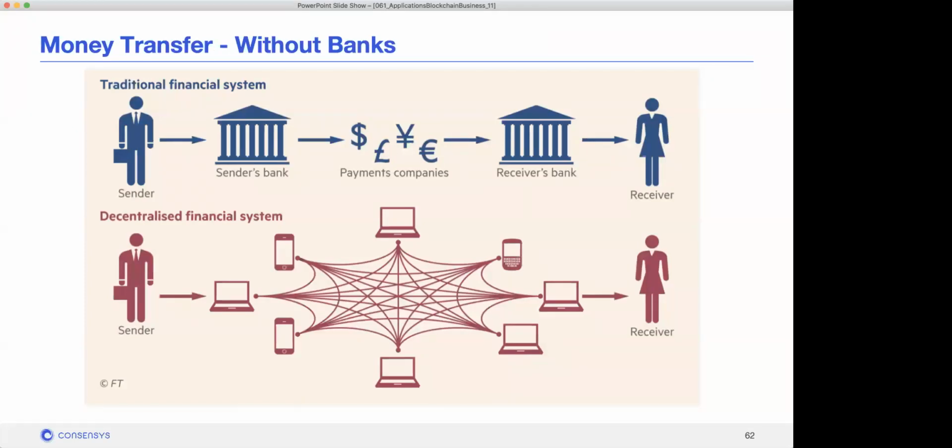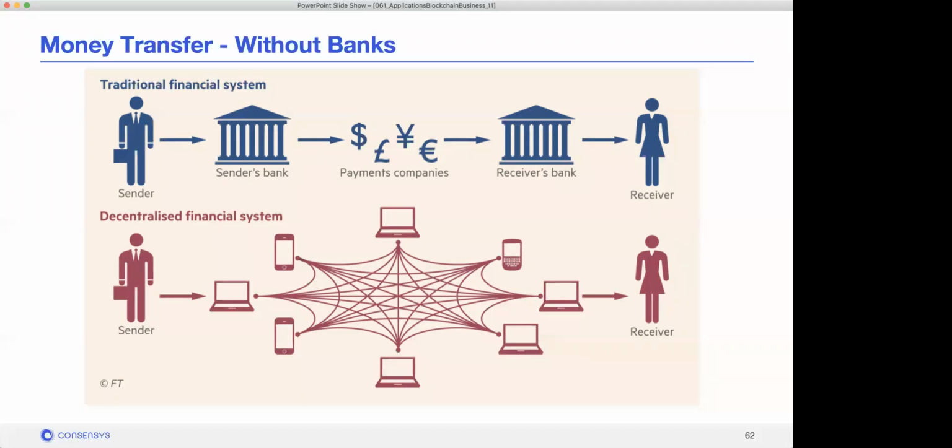So the number one use case, the use case that started it all really, was banks charging too much money to transfer money and taking too long. At the moment, if you send money from Australia to Hong Kong or the UK or anywhere in the world, it's probably going to take you a week and cost $20, $30, maybe even $50.